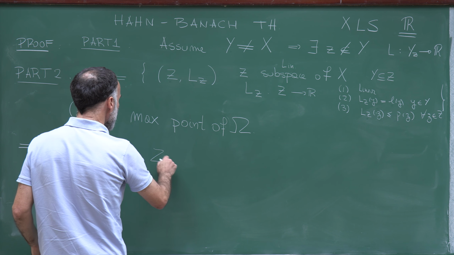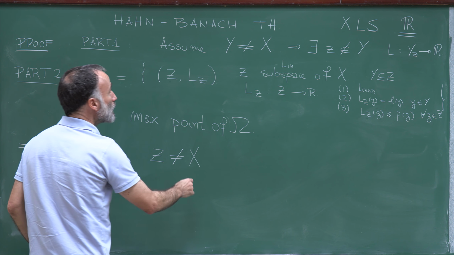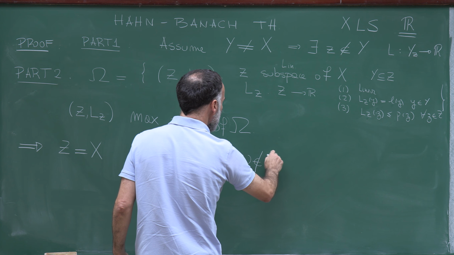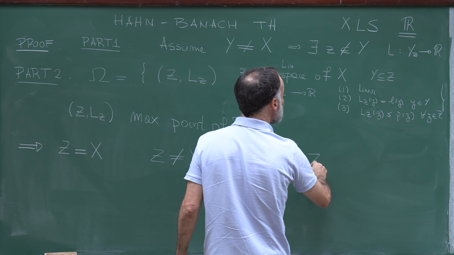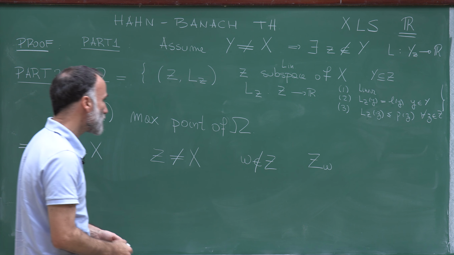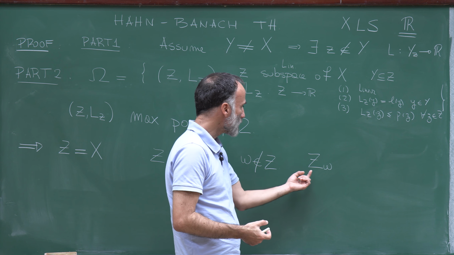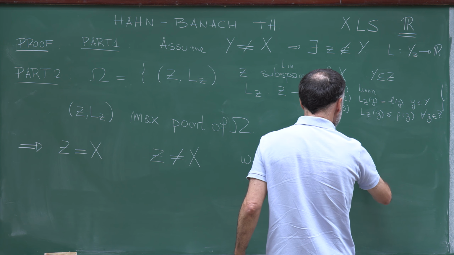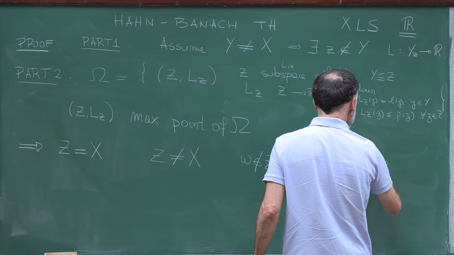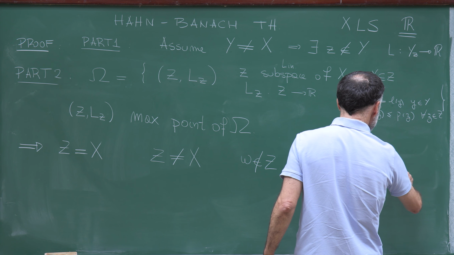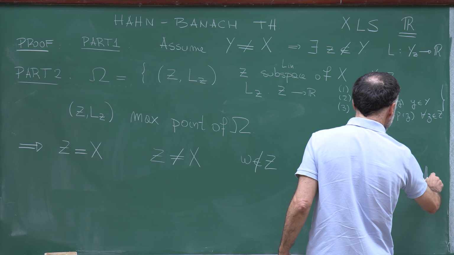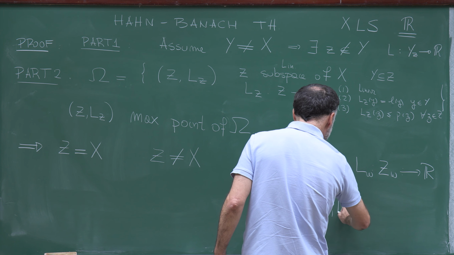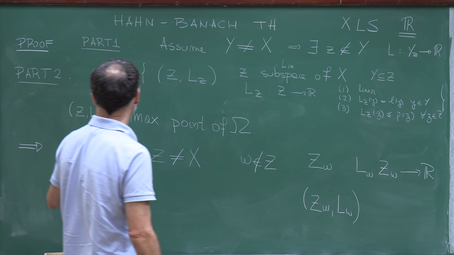Well, if Z is not equal to X, now I can apply part 1, and I can find W, which does not belong to Z, define the space Z_W, which is the space in which I consider all points which can be written as linear combinations of a point in Z and W, and extend L to, and find L_W, which is defined on Z_W to R. So what I claim is that this Z_W, L_W is an element of omega.